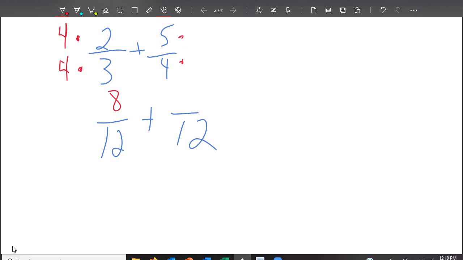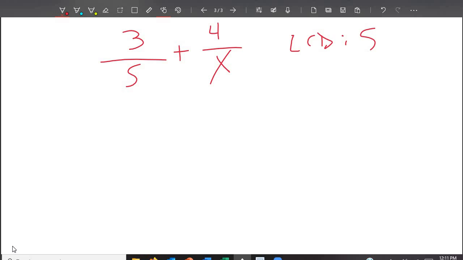This one we've got to multiply by 3, top and bottom. Then we add the numerators only. We're going to be doing the same thing, but with variables. Let's start with something simple.